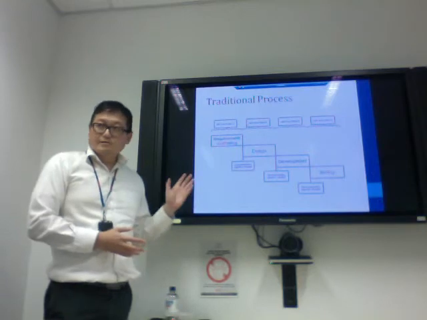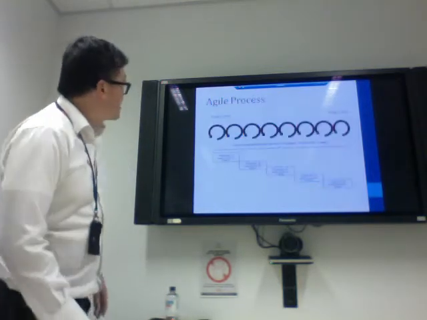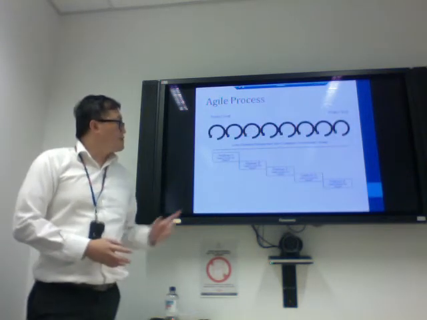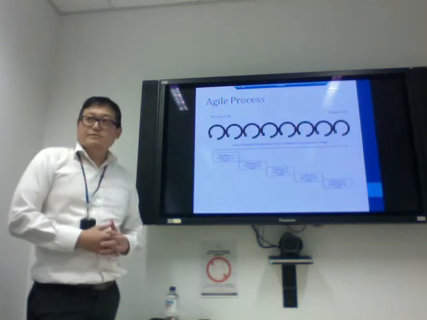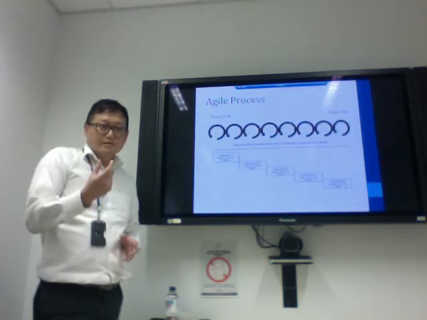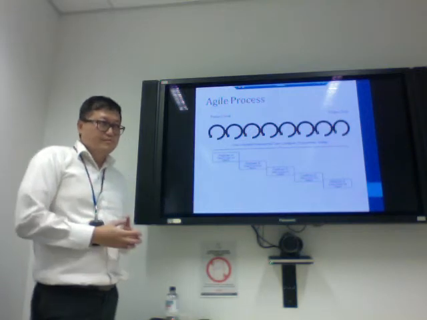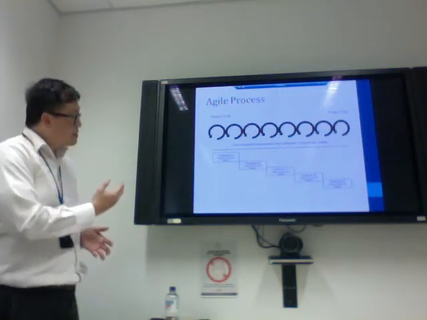So this is in contrast to a Scrum Agile process, which looks like this, whereby we have sprints, and throughout the sprint, what we are working on are incremental releases of the product. Whatever work we're trying to produce, we want to have something that we can release at any point.